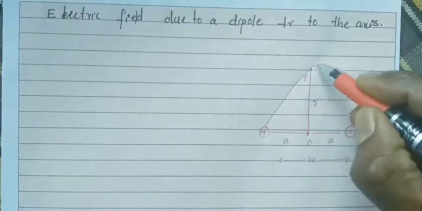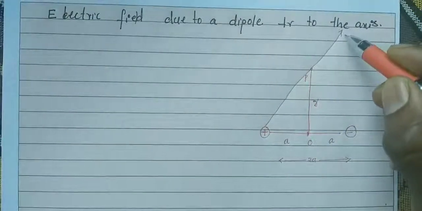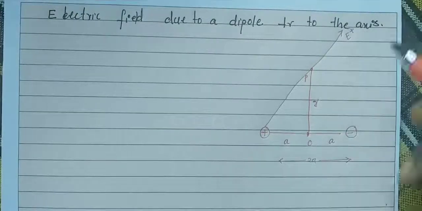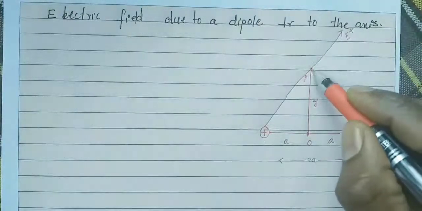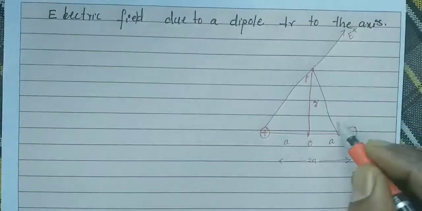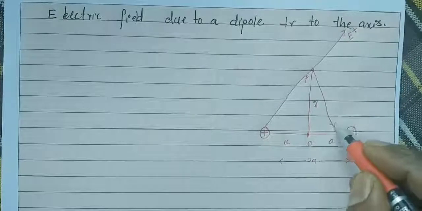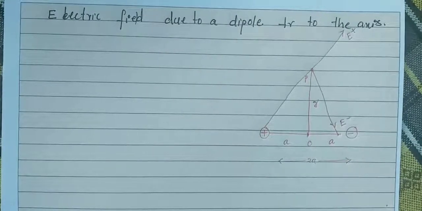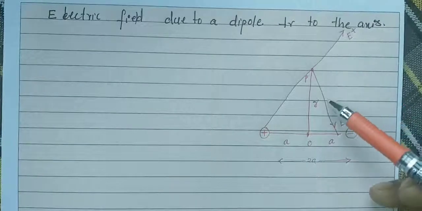So this is the direction of electric field due to positive charge. See, this is away from positive charge, but direction of electric field due to negative charge is towards the negative charge. Why? Because electric field diverges from positive charge and converges towards the negative charge.